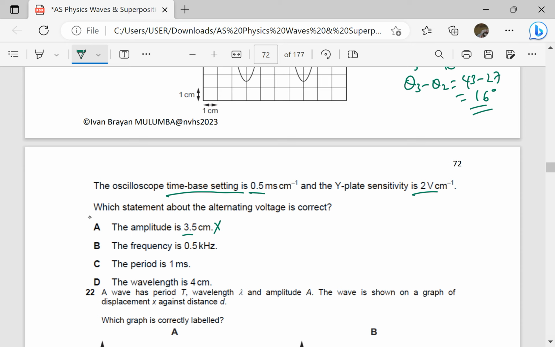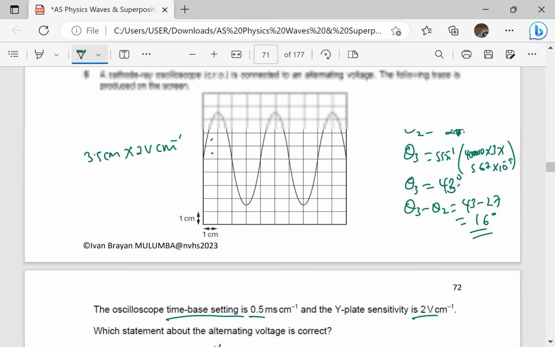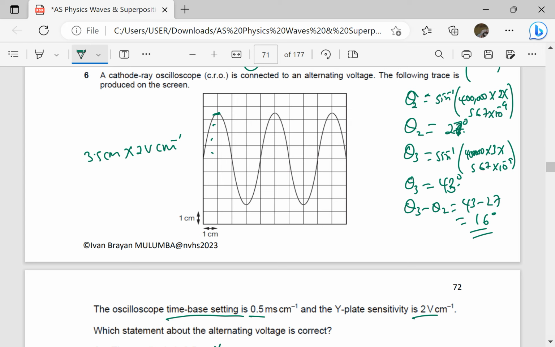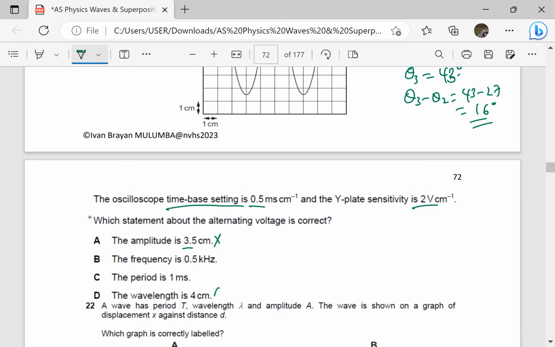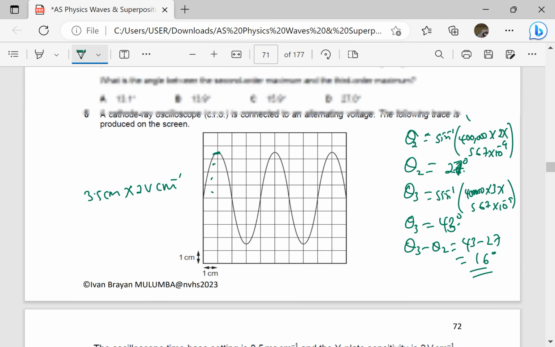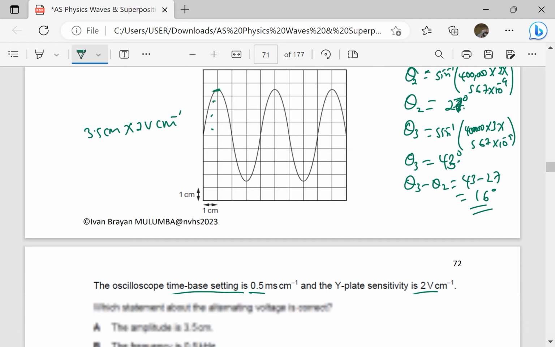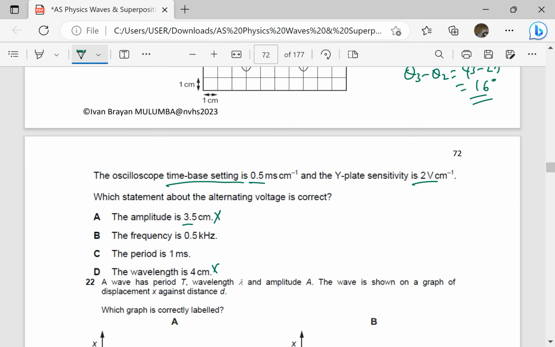The wavelength is 4 centimeters. Let's check the wavelength. We can't find the wavelength directly from here because we don't have the speed. This only gives us a frequency. So there is no way we can verify that the wavelength is 4 centimeters. Then the period is 1 millisecond. Let's check the period.